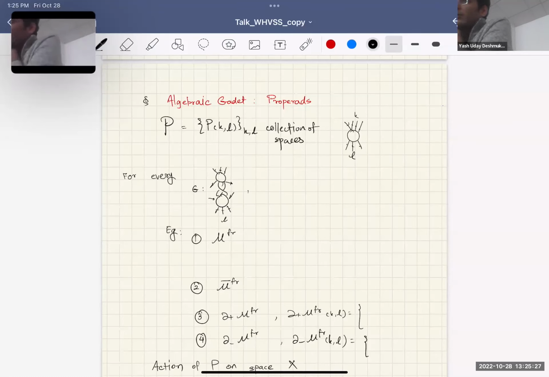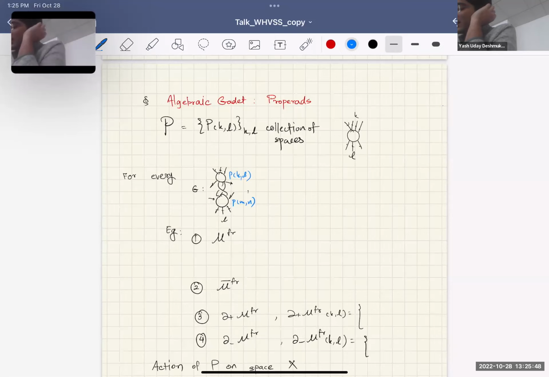Okay, now once you have two such operations, so let's say you have P(K,L) and P(M,N), there are a number of ways of identifying some outputs of the first one to some inputs of the second one.